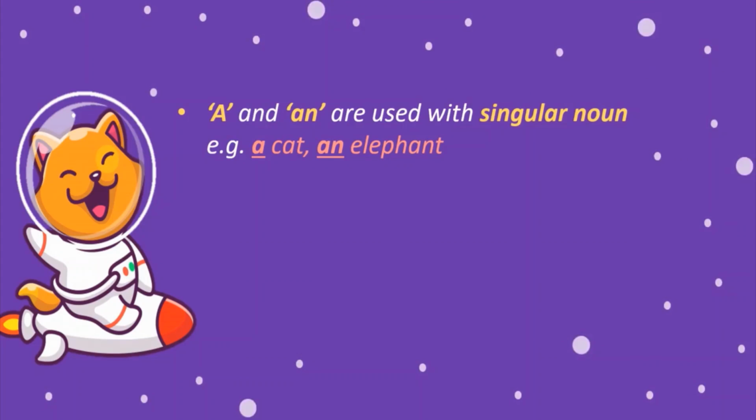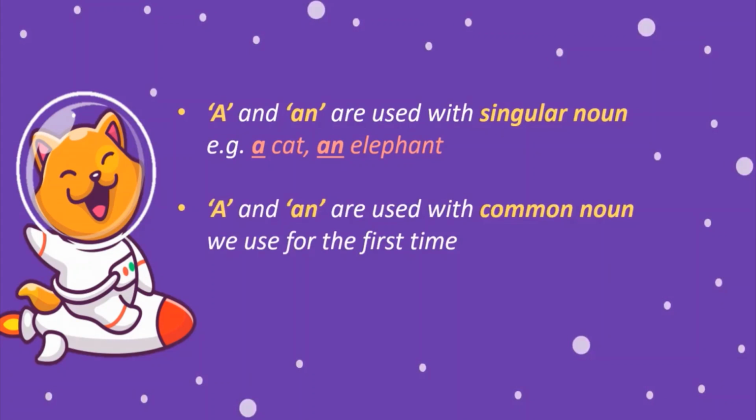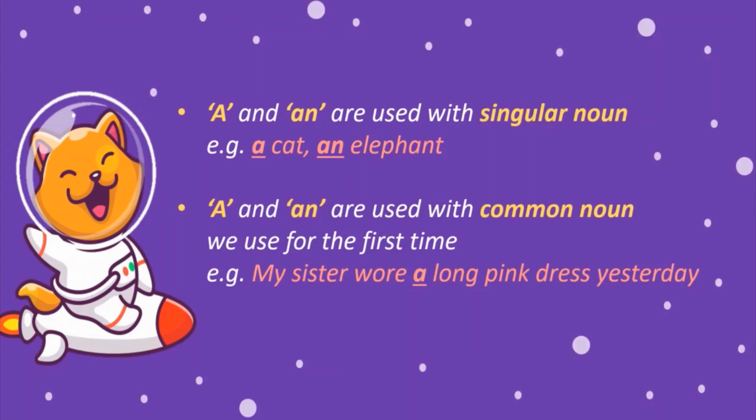Okay, so we use a or an only with singular nouns. We use a and an with a common noun we use for the first time in a sentence, like my sister wore a long pink dress yesterday.